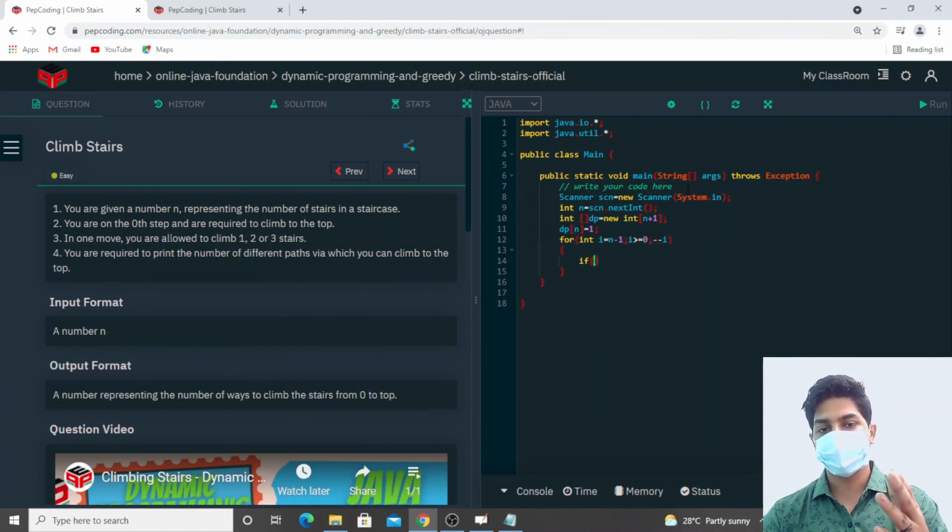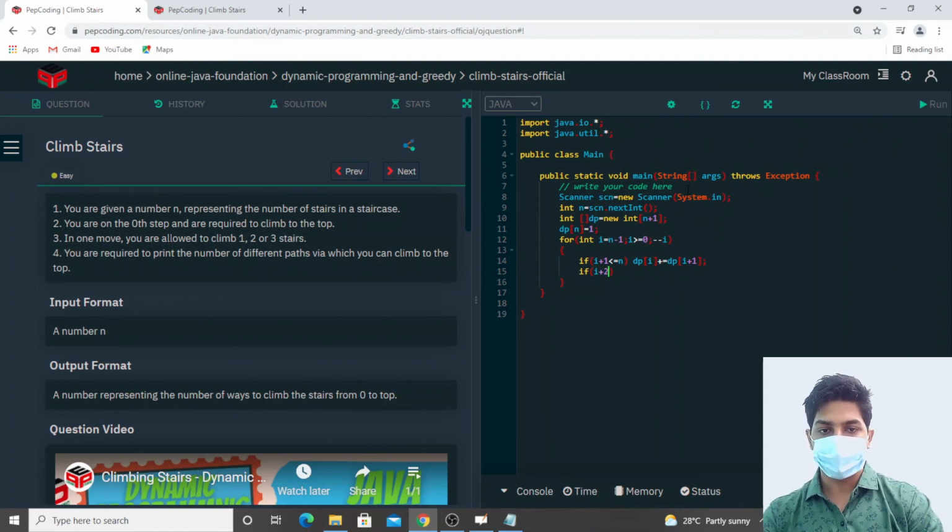We have to make a check: if we are taking a jump of any unit, we must not exceed the destination. So we check if I plus 1, a jump of 1 unit, does not exceed the destination. If it is true, then I add it into my answer: dp of i plus equal to dp of i plus 1.